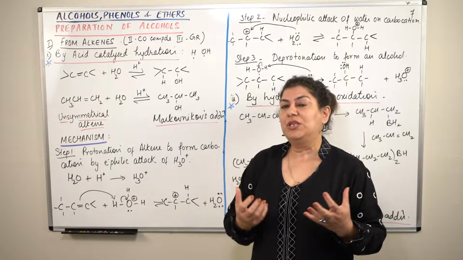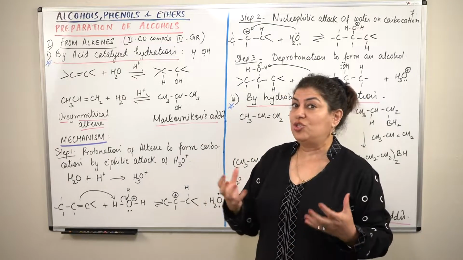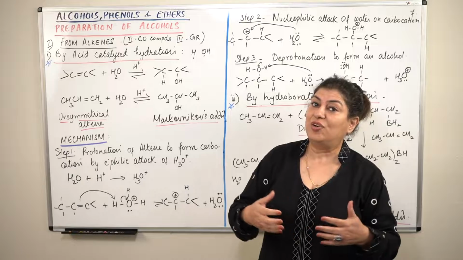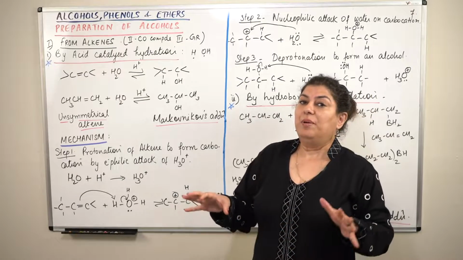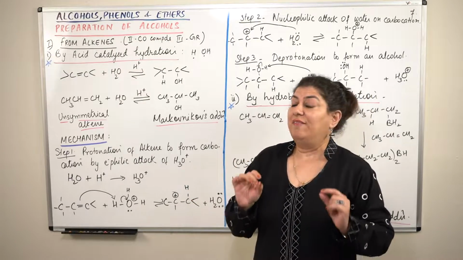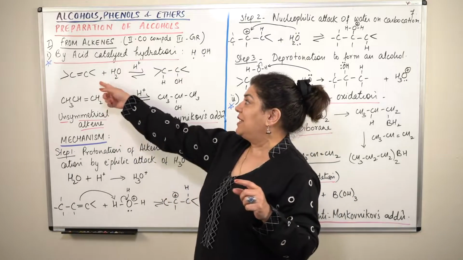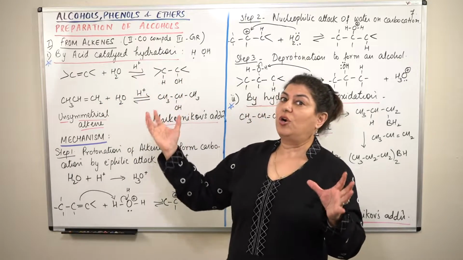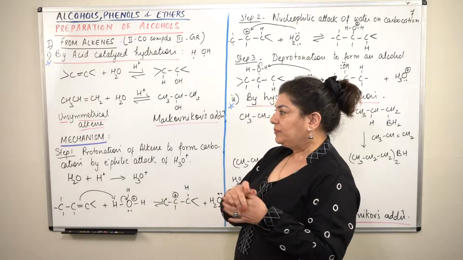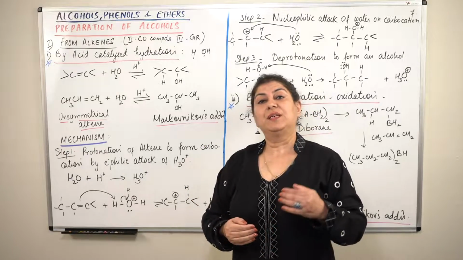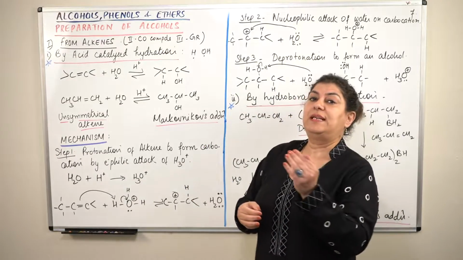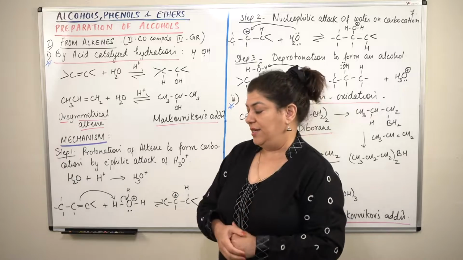It becomes important to see how the reaction takes place in the case of unsymmetrical alkenes, because we want to notice whether the addition that takes place, this is an addition reaction, you see, water got added to the molecule, is a Markovnikov addition or an anti-Markovnikov addition.